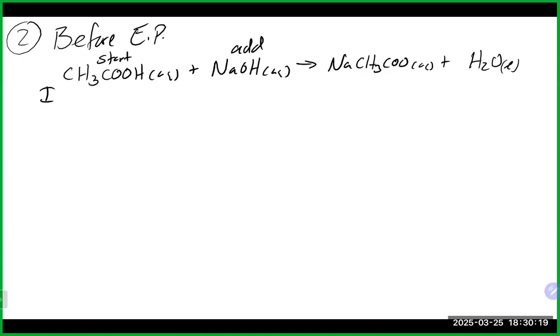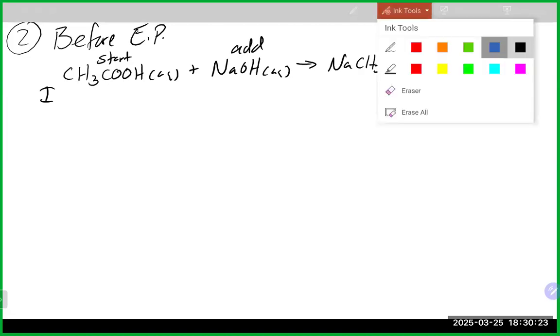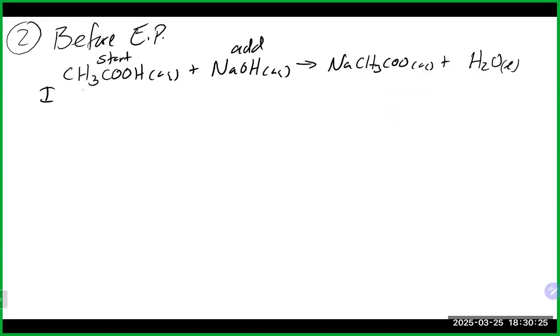So much like we did in the previous titration curve, I'm going to make up some numbers. I'm actually going to make up the same number. I'm going to make up that we're going to start with, once again, 4 moles of my acetic acid. So much like the last one, if I am before the equivalence point, the moles of sodium hydroxide should be equal to 4, less than, or more than 4.